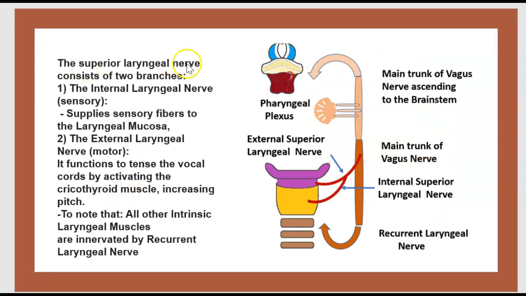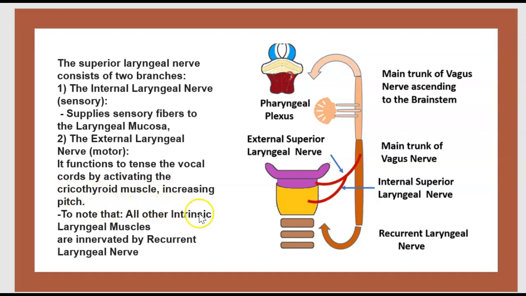The superior laryngeal nerve consists of two branches: the internal laryngeal nerve, which is sensory and supplies sensory fibers to the laryngeal mucosa, and the external laryngeal nerve, which is motor. It functions to tense the vocal cord by activating the cricothyroid muscle, increasing pitch.